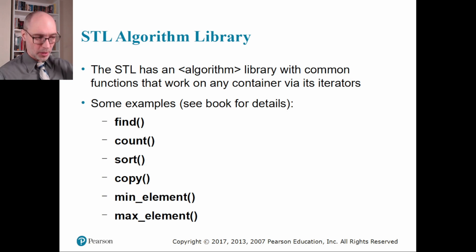It takes an iterator, the beginning of your container, an iterator marking the end, and then the actual data item that you're trying to find in the container. So in order to use these things, you do have to know about iterators. If you missed it before, that was the prior video to this one. You should find out about iterators. And that is how all these functions are set up for you to use when you use the STL. Super convenient.